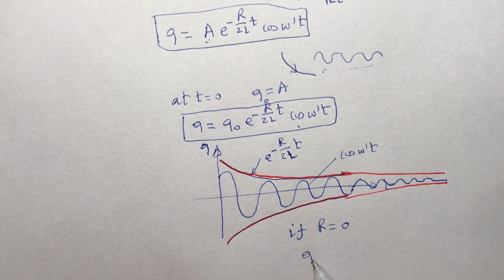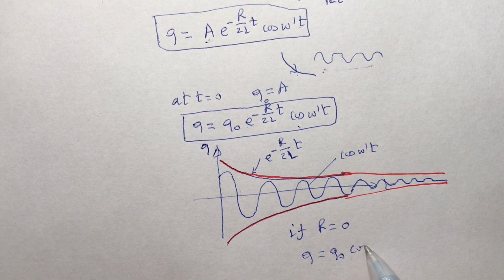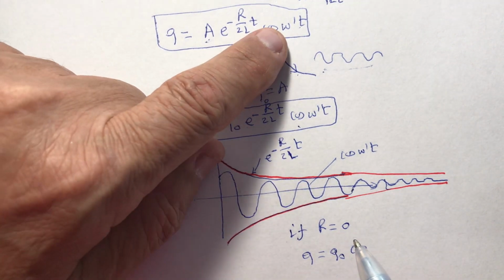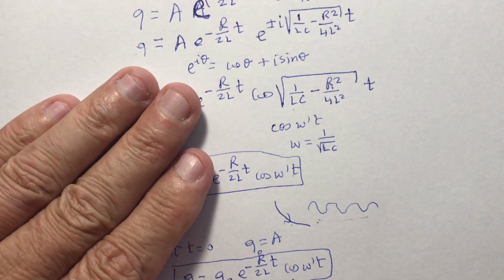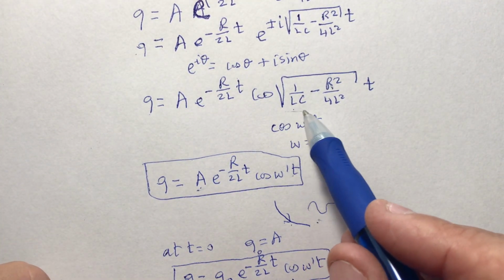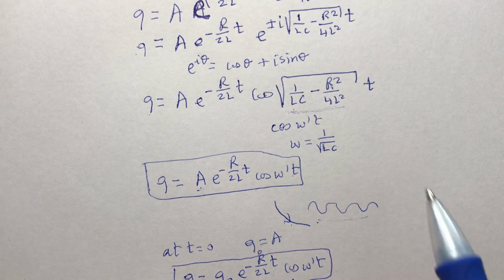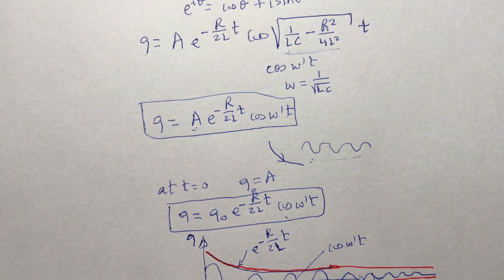We will have Q is equal to Q0, exponential 0 is 1, and then we have cosine. What is omega prime? Omega prime is this one. If R is 0, we just have 1 over LC, so we just have omega t.